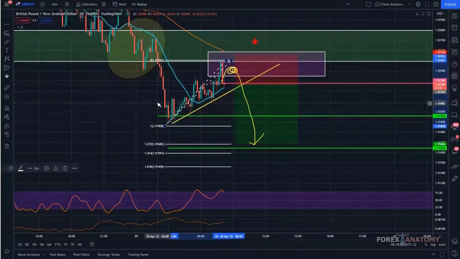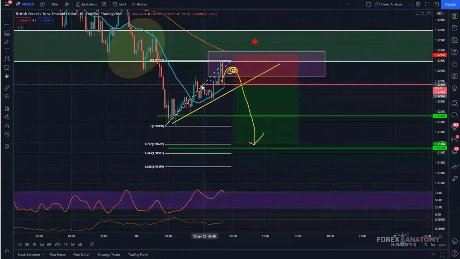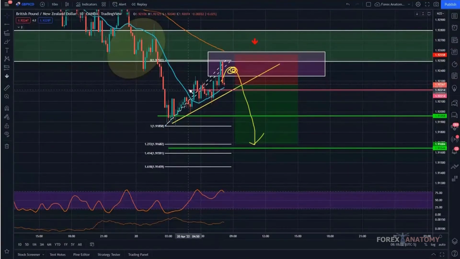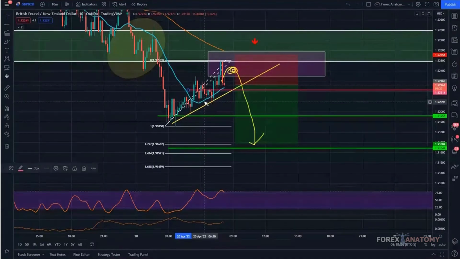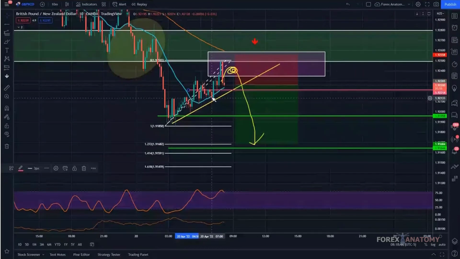Just a little bit above this. It's a bit early, it's a bit premature. In all honesty, I probably should have waited for a break of this structure right around here, but I went in a bit early. So we'll see what happens. But go in small. For me, I risk 0.6%, so it won't really be a problem.